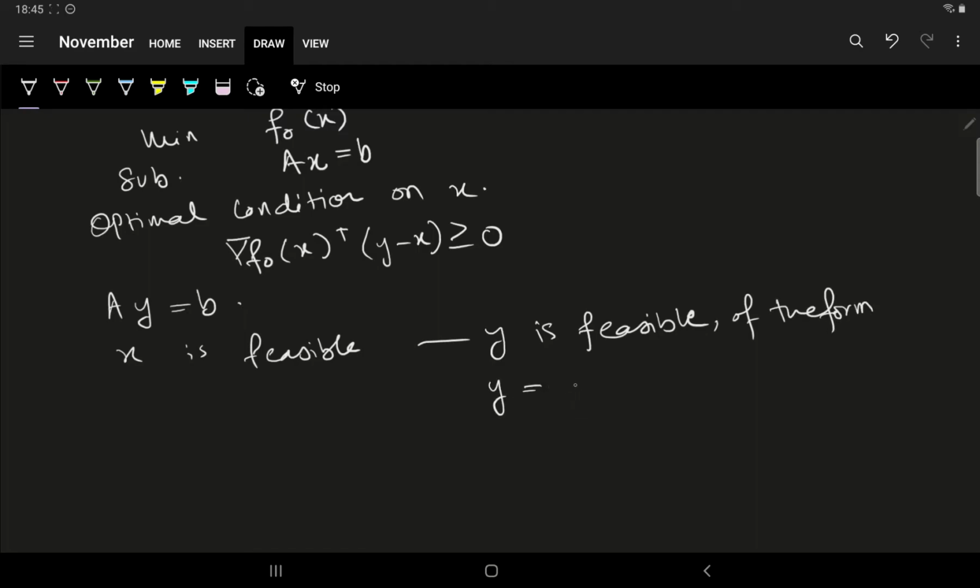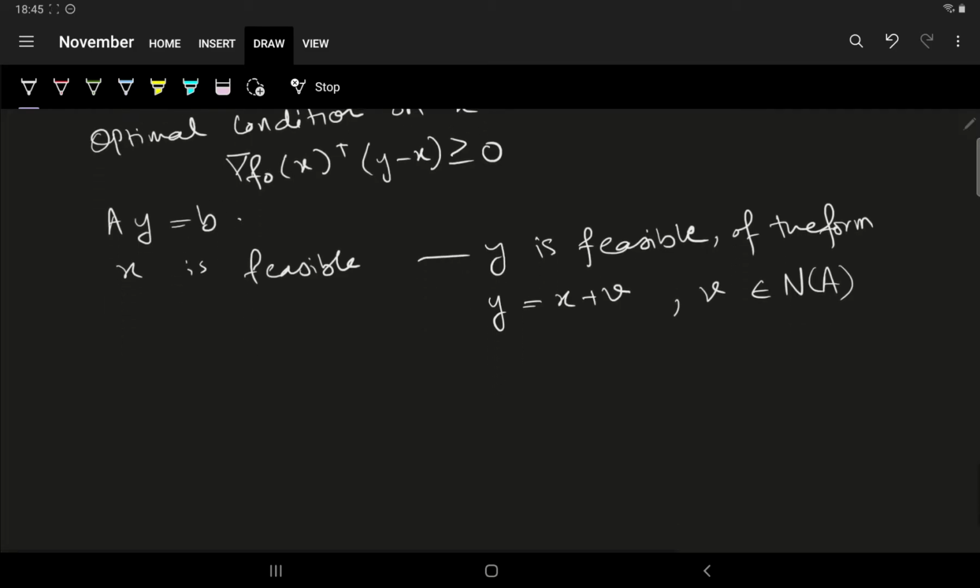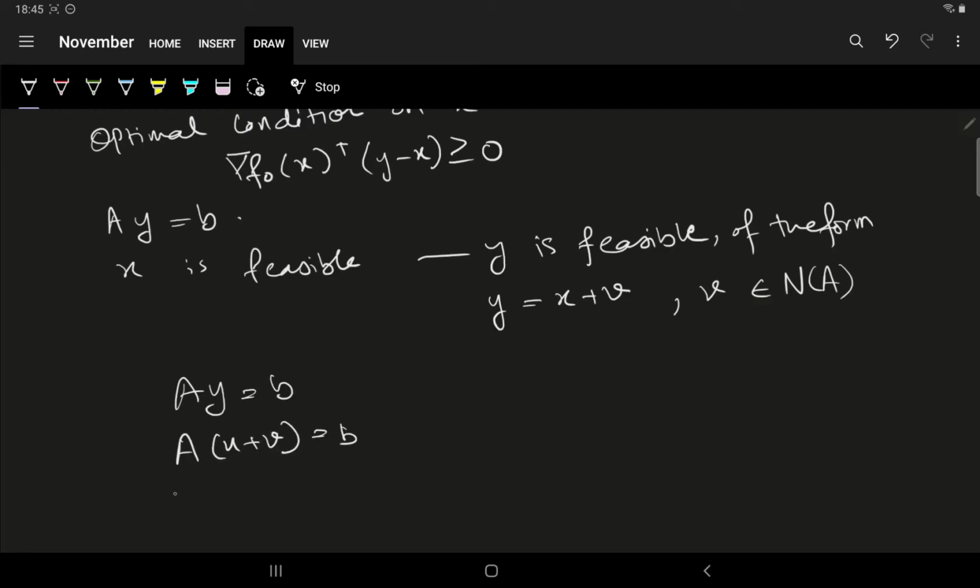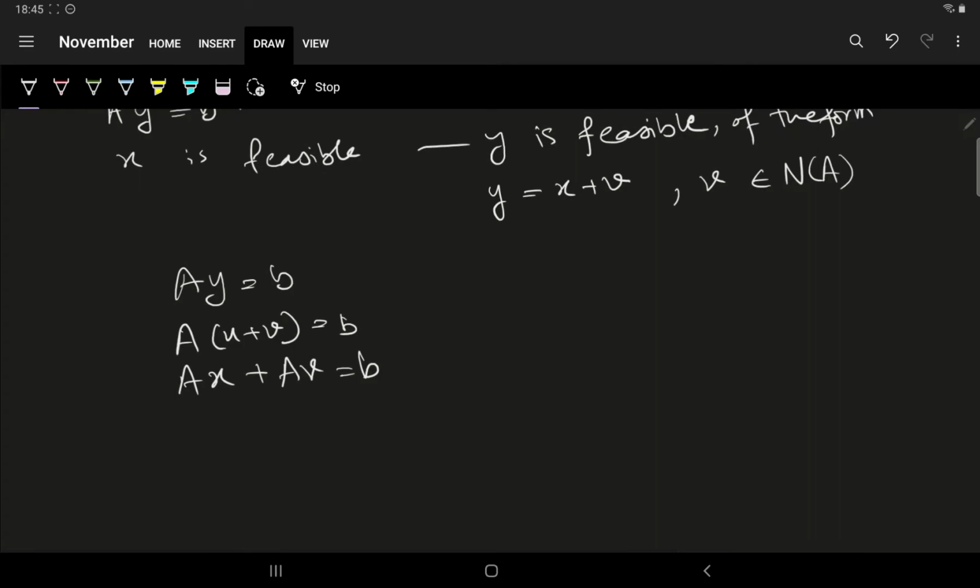and of the form y should be equal to x plus v, where v belongs to null of A. Why? Because Ay equals to b means A(x plus v) equals to b, means Ax plus Av equals to b. So this can only be true if Av equals to 0.